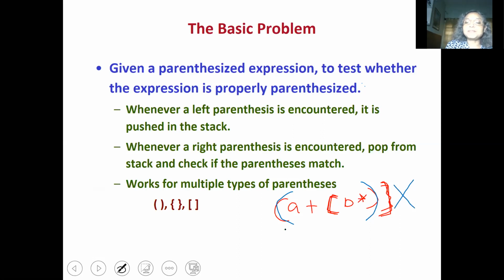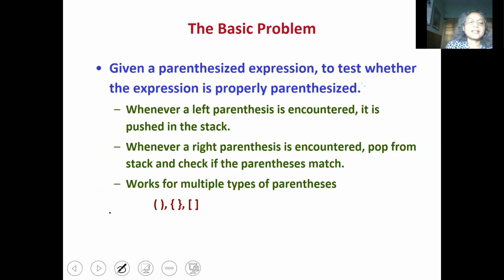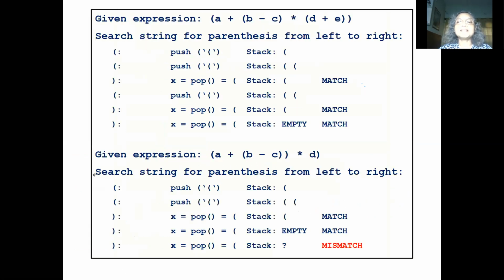We scan the expression from left to right. Whenever a left parenthesis is encountered, we push it into the stack. Whenever a right parenthesis is encountered, we pop from the stack and check if the parentheses match. And this works for multiple types of parentheses.